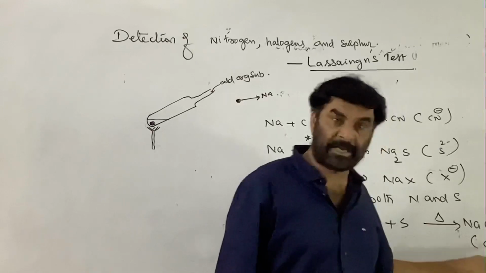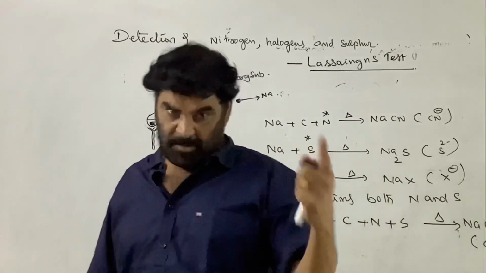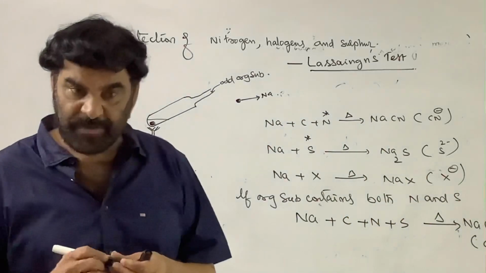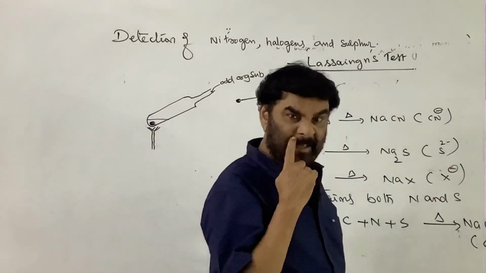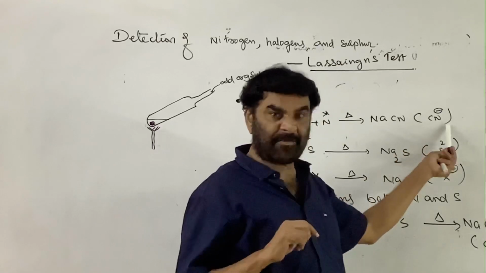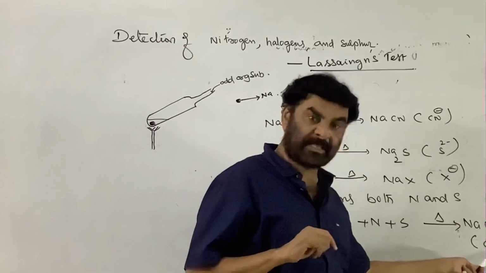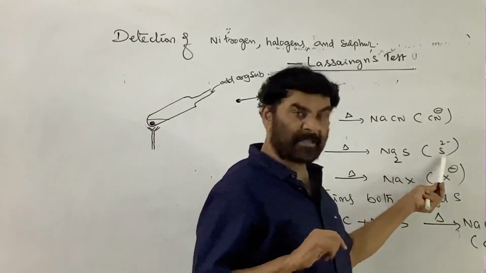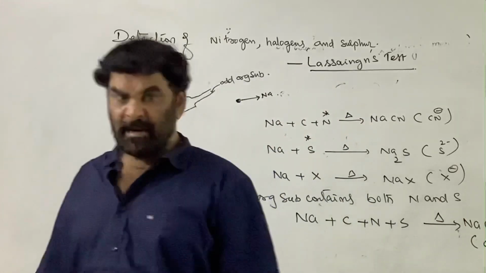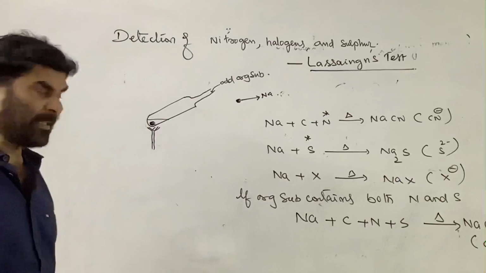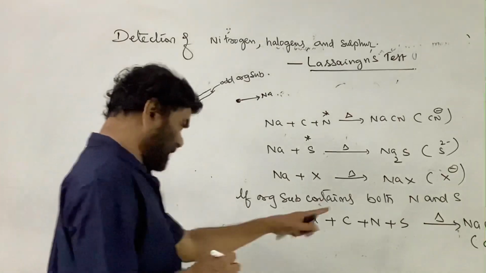It will not give the tests of the cyanide ion; the properties of the cyanide ion are different, and the properties of the thiocyanate ion are different. So the test used for the detection of the cyanide ion is not applicable to this, and the test used for the sulfide ion is not useful for the detection of the thiocyanate ion. So this is formed.